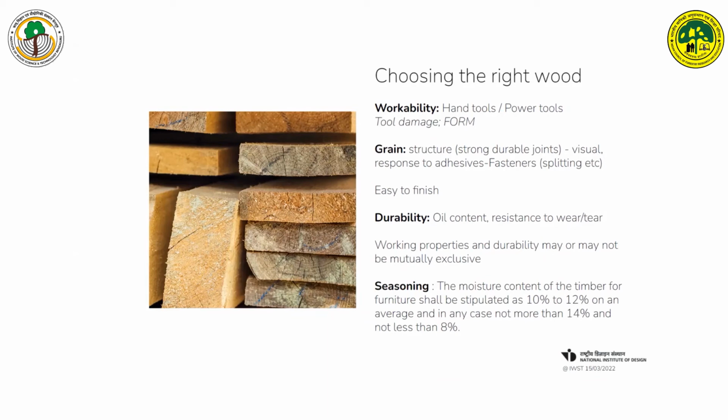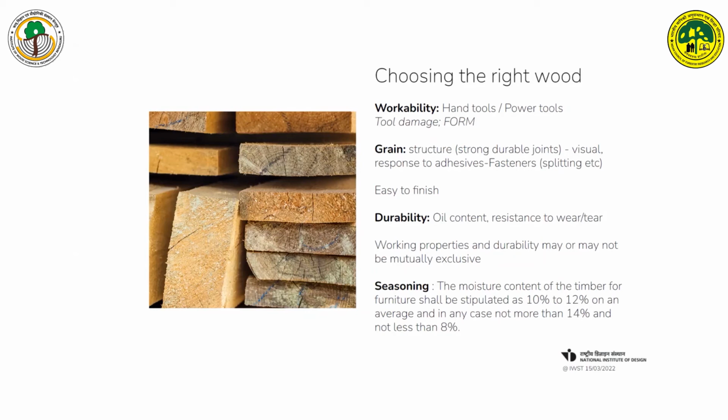Your machines might get stuck. So basically we're looking at a moisture range of not more than 14%, but not less than 8%. If it's more than 14%, then you would face issues like, you make a cut and there's warping, there's cupping, all that sort of defects start happening.